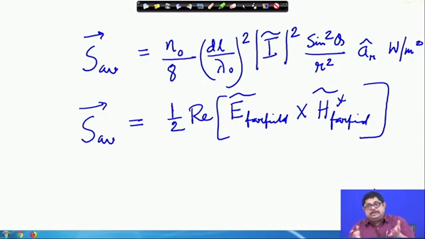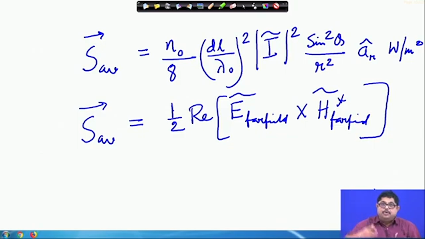Other components, those induction fields and electrostatic fields, are effective locally, but they do not represent radiation of power. They actually represent local storage, because if you do this E cross H star business there, you will see that they give rise to reactive power.